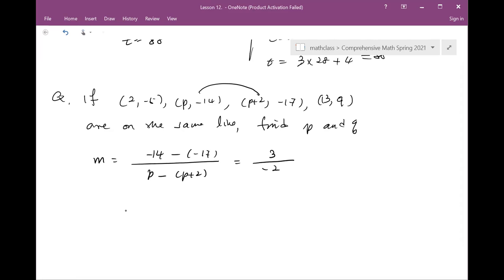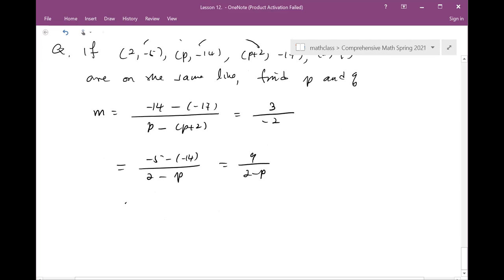But on the other hand, then you can use these 2 pairs of points, right? And that will be -5 minus -14, and 2 minus P. Okay, so that will be 14 minus 5, right? 14 minus 5 will be 9, okay? And the 2 minus P. So from here, you determine the value of P, right?